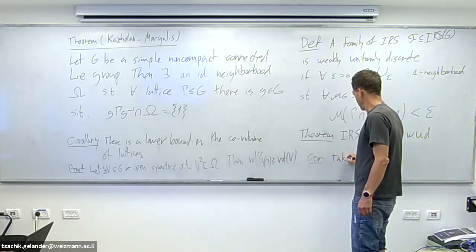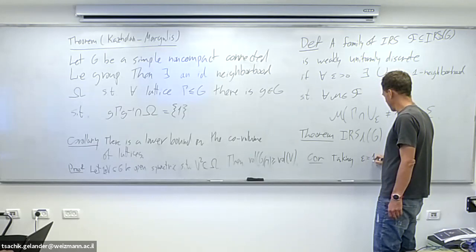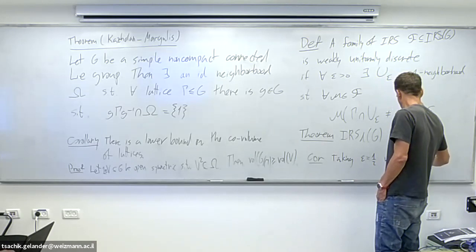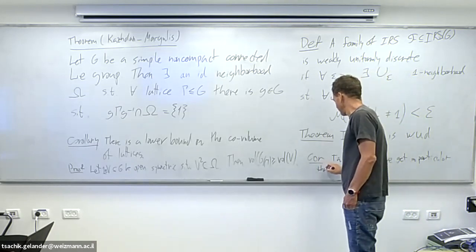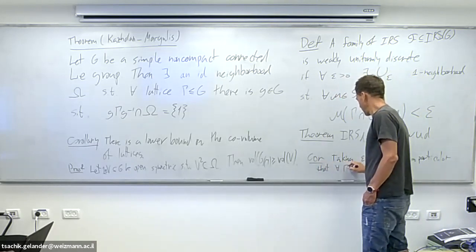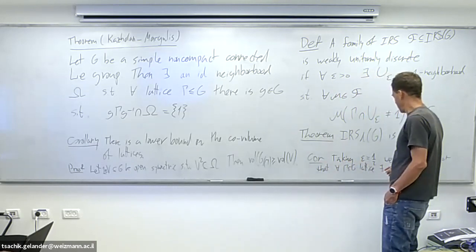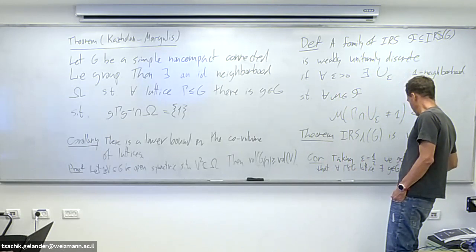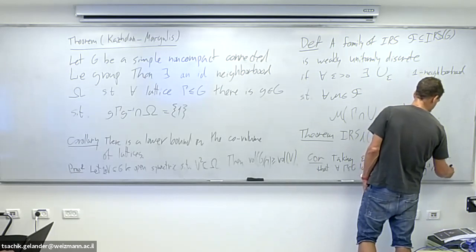Taking any epsilon smaller than 1, let's say 1/2, we see that for every gamma a lattice in G, there is a g in G such that g gamma g inverse intersect U 1/2 is trivial.